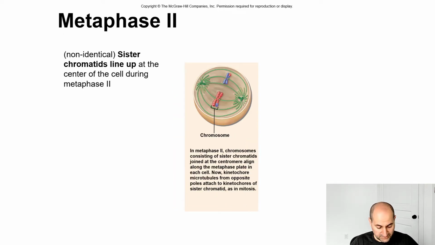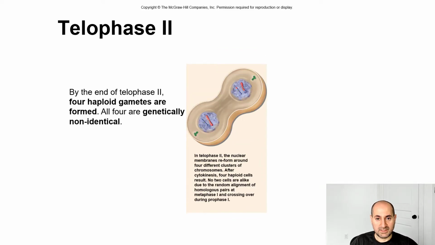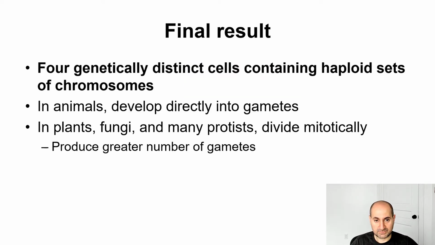During metaphase 2, those sister chromatids line up. See them lining up. During anaphase 2, the sister chromatids separate from one another. And then you have telophase 2, where it ends up with 4 cells.